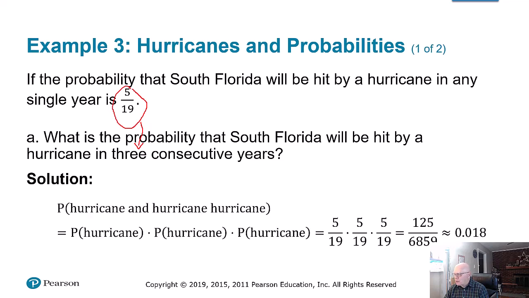So just multiply those 3 probabilities together since they're independent, and you've got your answer, about 1.8%. Well, if you're in South Florida, it's a little consolation, but 3 consecutive years, that's really scary. There still is almost a 2% chance of that happening.